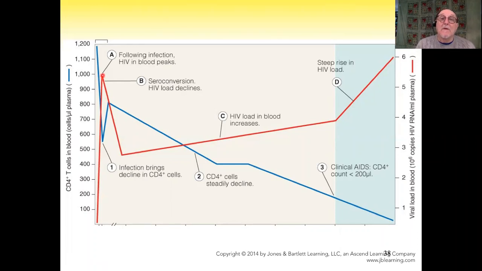When they're first infected, the body has very little defenses against the virus. And there's an initial period where the person may, in fact, within 10 days or so, become incredibly ill.